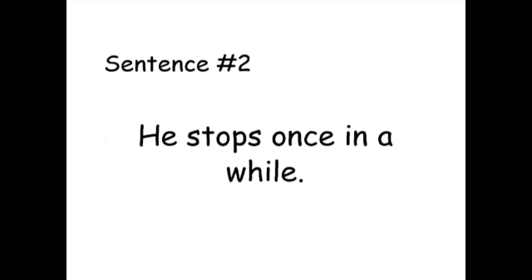Now for our second sentence, which is, he stops once in a while. This again has a subject, he, and a verb, stops. And then it also expressed a whole thought. So that's simple sentences. It is really simple, and I'm sure you can do this.